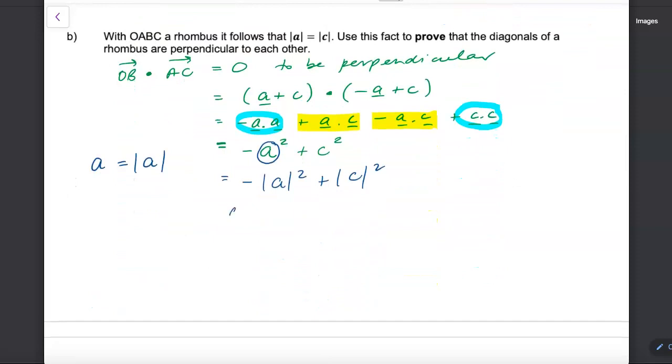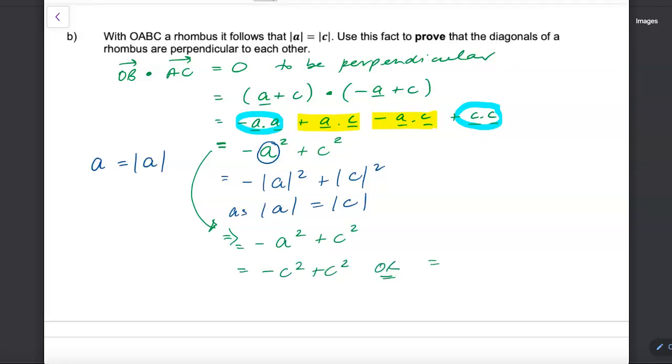Because the magnitudes of each of these vectors are equivalent, we can rewrite our solution to say negative A squared plus C squared is equivalent to negative C squared plus C squared, or negative A squared plus A squared.